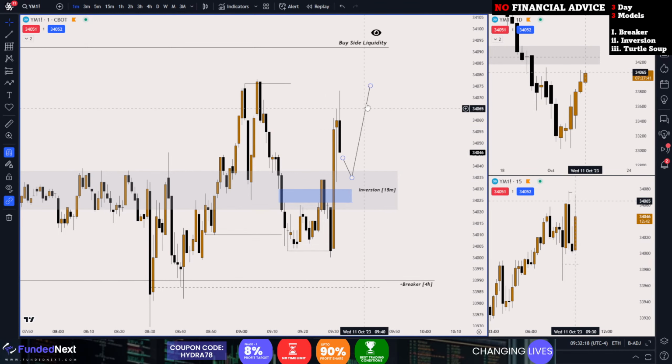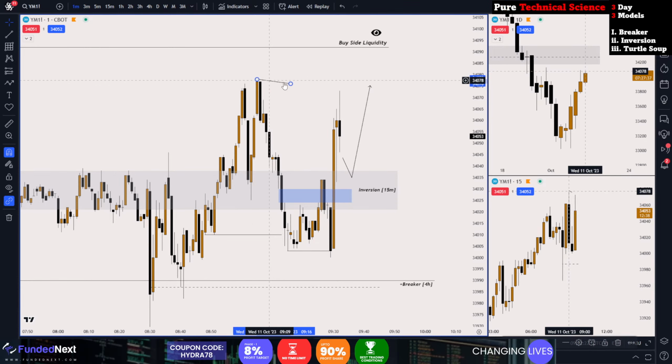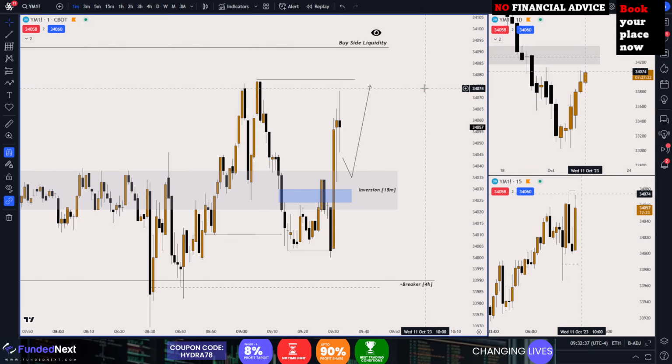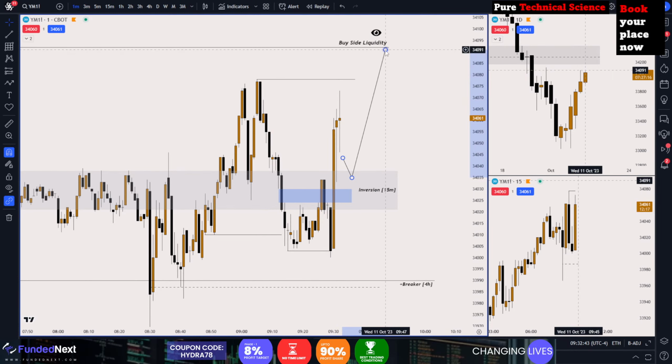So I still want to see price expanding higher. Price scenario, relative equal highs now. So these two highs are relatively equal. I would like to see it expanding higher and clearing out this buy side liquidity.